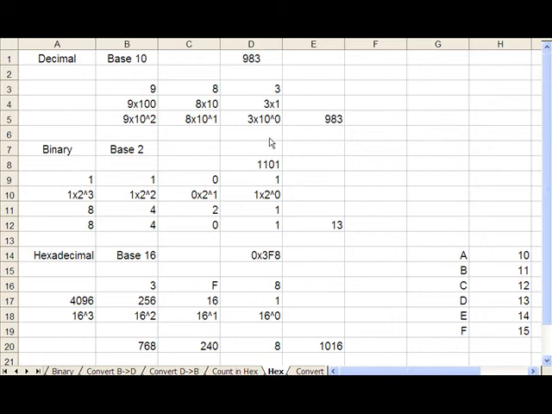So 983, this is the number system that we're used to using all our lives. 983 is 900s, 8 tens, and 3 ones.